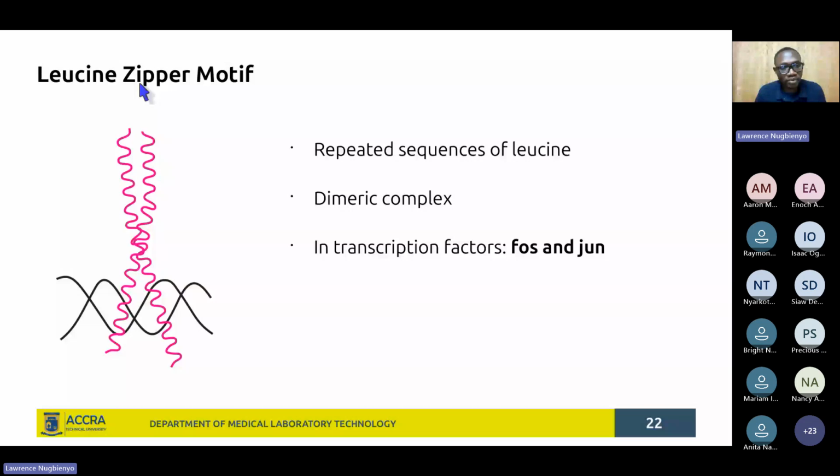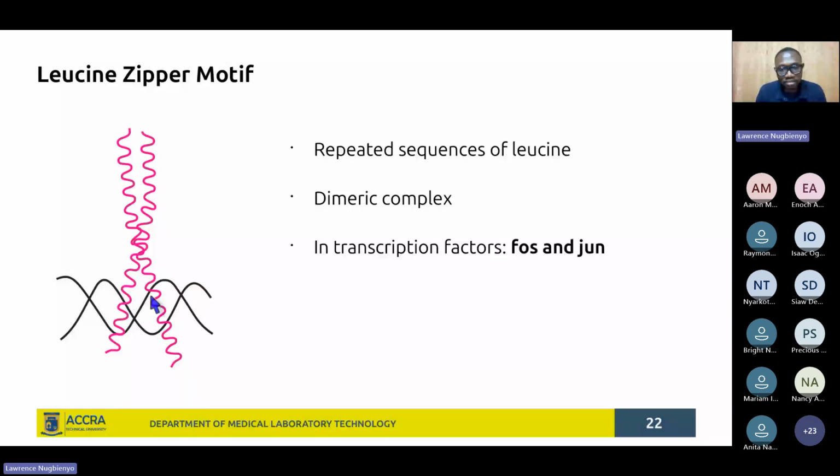And you see it forms a dimeric structure, so two parts of this protein structure look alike, with these leucine-rich chains, and you see them interacting with the nucleic acid.